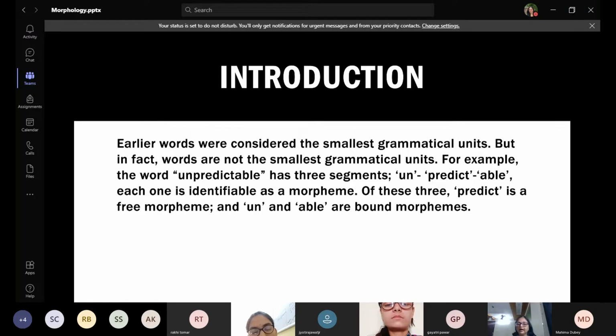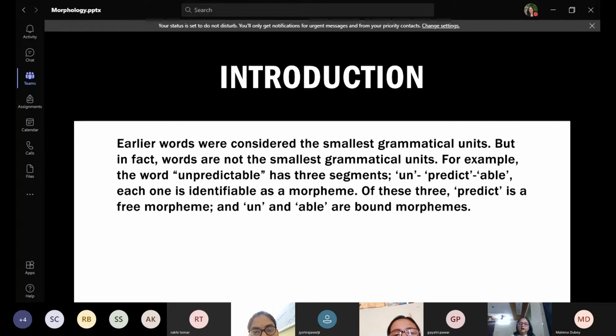Now the morpheme that has a dictionary meaning, whose meaning you can find, is called a free morpheme.